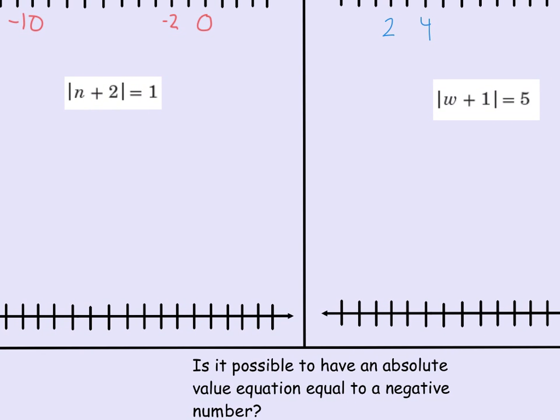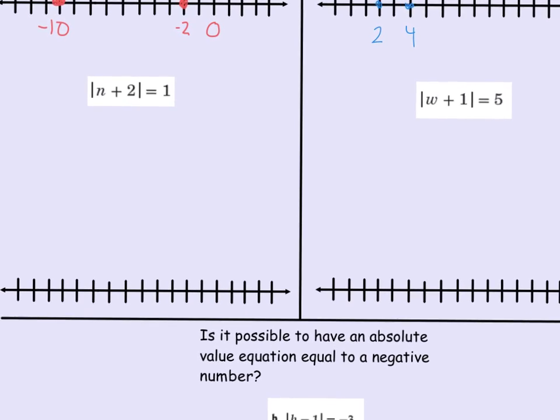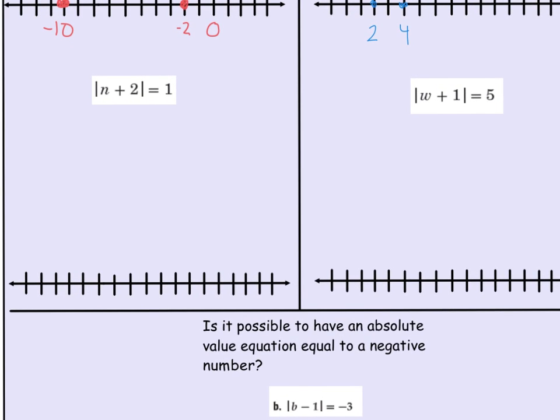2 more. You can pause and try them and then press play and see how you did. So I'm going to write 2 equations without absolute value, 1 positive answer, 1 negative answer. I'm going to subtract 2 from both sides. And then I'm going to get n is equal to a negative 1, n is equal to a negative 3.